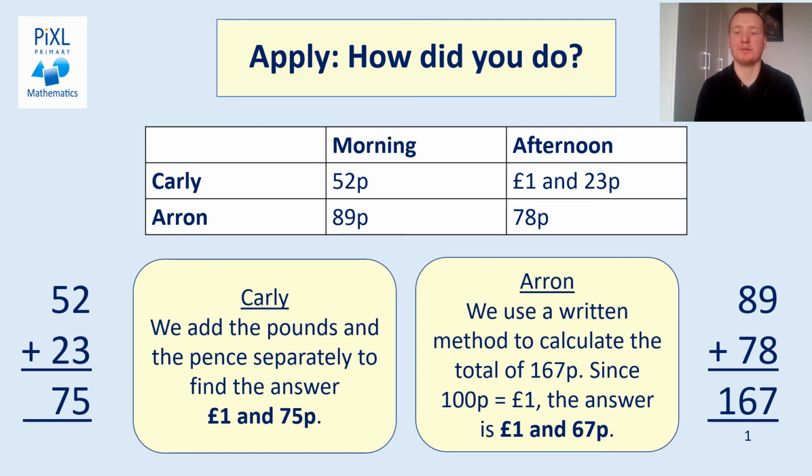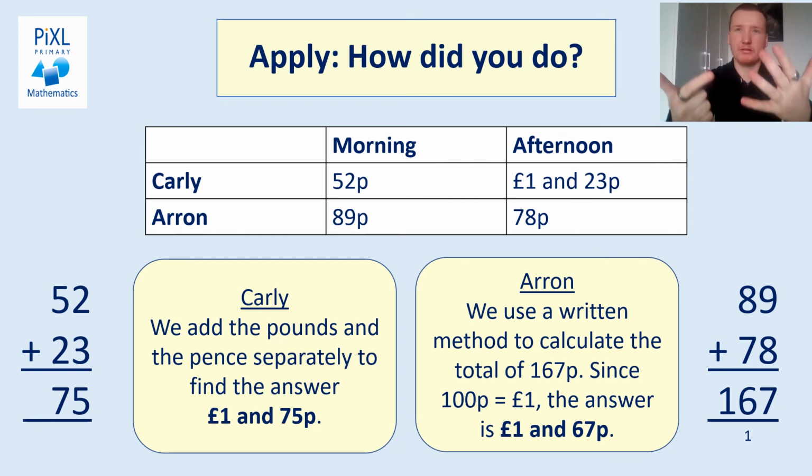So don't forget to put the 7 in the ones column and exchange that 1 to the tens column. Then 8 in our heads, add on 7: 8, 9, 10, 11, 12, 13, 14, 15.